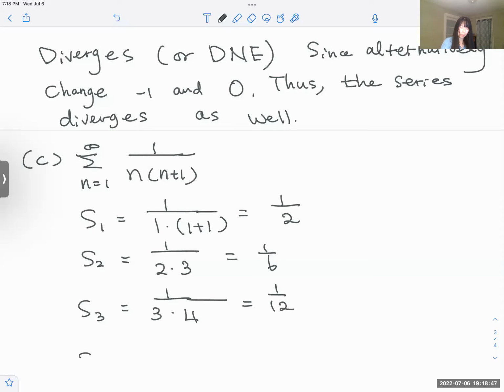For n equal to 4, 1 over 4 times 5, which is 1 over 20. We have a pattern there. So what can you tell about this one? It's approaching 0?